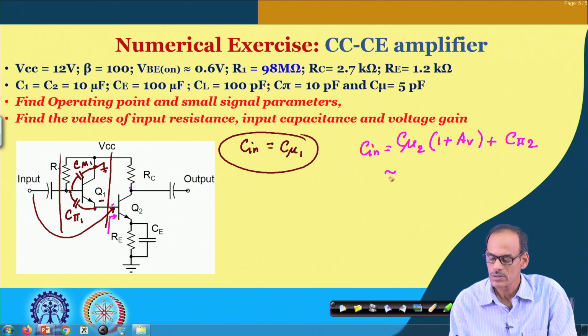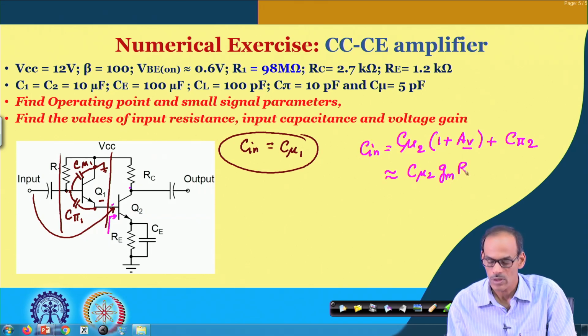So, in fact, this is dominating the A V and C mu. So, C mu 2 multiplied by g m into R C, that is what primarily we get, the gain plus 1.